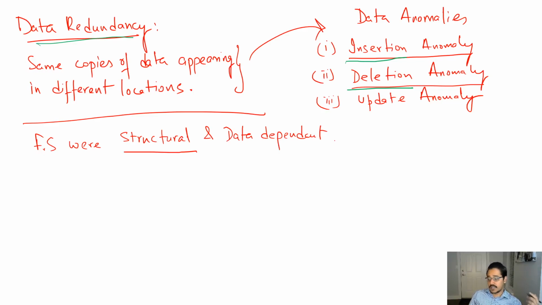So in order to address all of these problems, we came up with the database systems, okay? What the database systems did is basically integrate our view of the data.